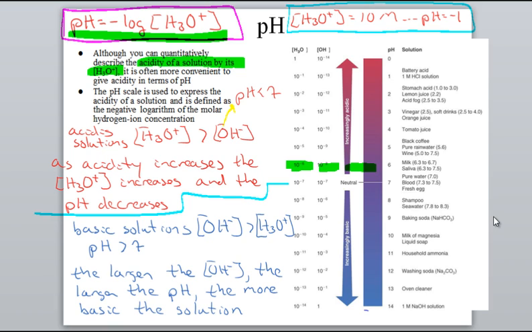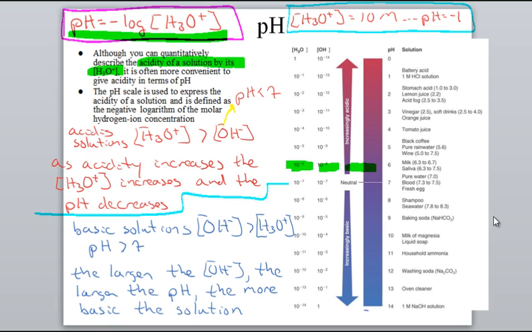In the laboratory, we've worked with a lot of basic solutions. A good example are the hydroxide salt solutions that we've worked with. So those dropper bottles that were labeled 6M sodium hydroxide, that's really the hydroxide ion concentration. And basicity is related to the hydroxide ion concentration.